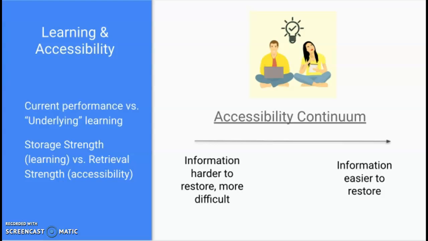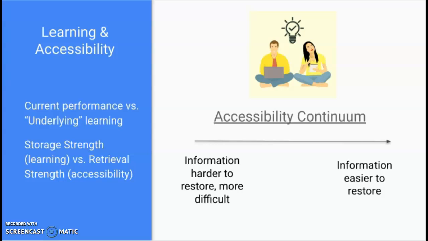The information is easier for us to restore because we are from California, versus low accessibility, which is information that's harder to restore or more difficult. Essentially, there are bigger gains if accessibility is reduced. It's difficult to make further gains in the underlying, lasting learning if we have high accessibility.